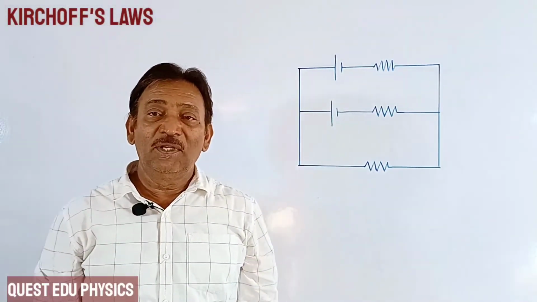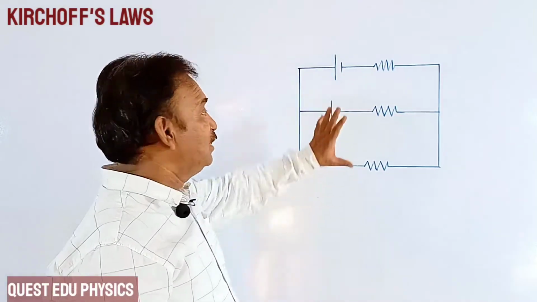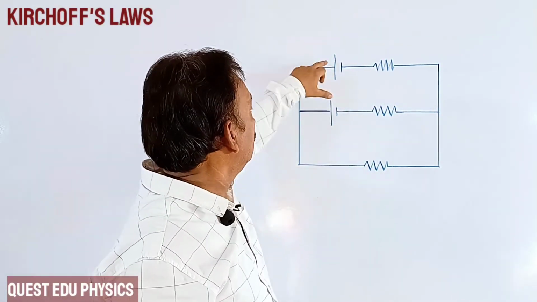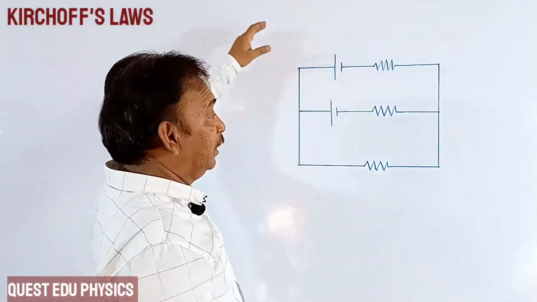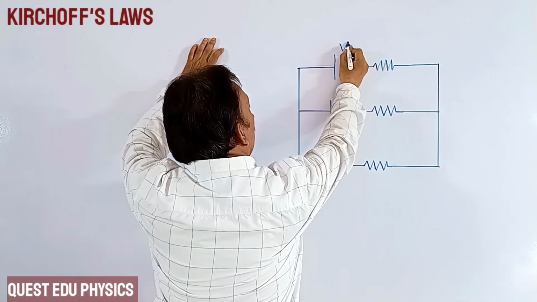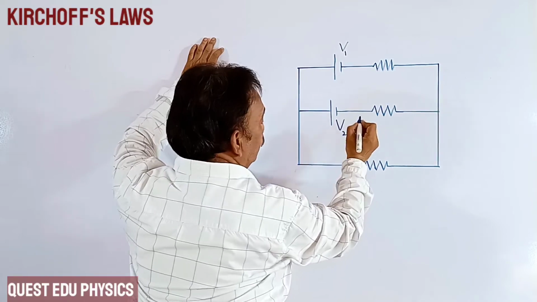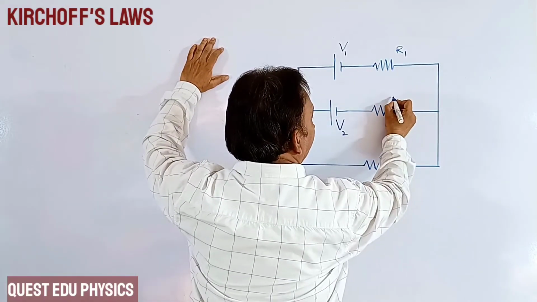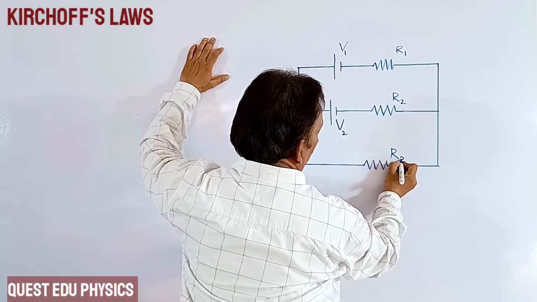Students, let's solve the circuit which is shown on the board. If you watch this circuit, you can find three resistors and two sources of EMF. Let's say we are at a potential of V1, V2, and it has resistances R1, R2, and R3.